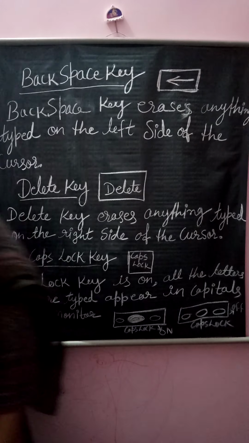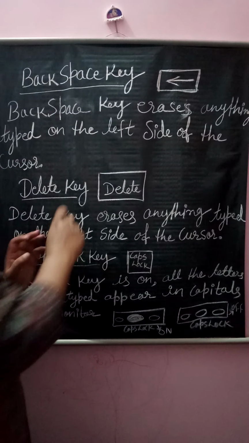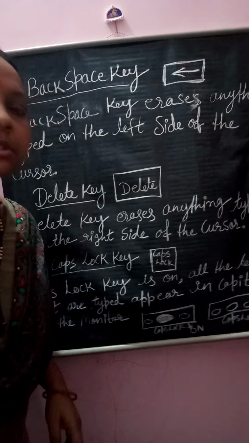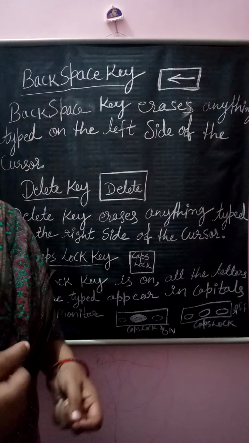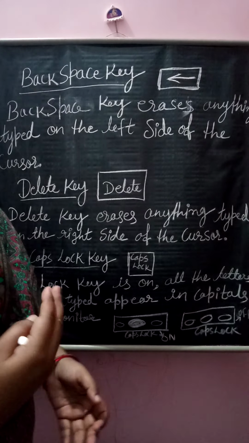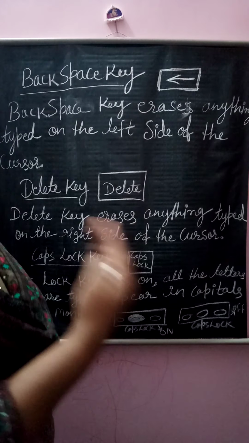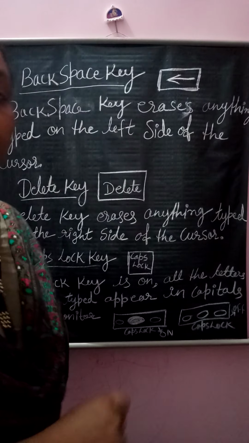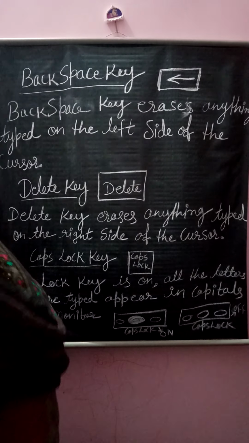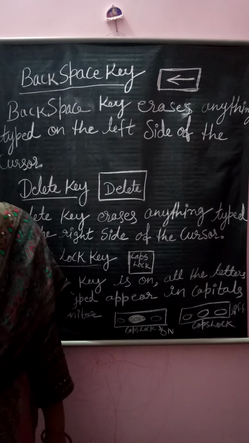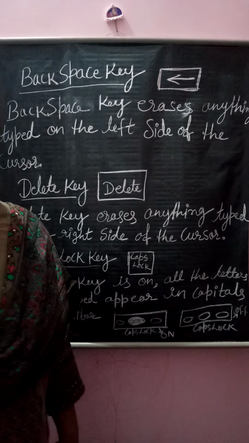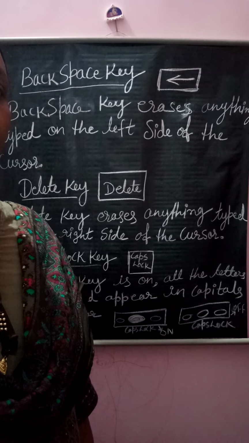Okay, now next comes the delete key. Delete means something you want to delete, you don't want it, but by mistake you have written it. So for the alphabet or symbol behind the cursor while writing, you can utilize the backspace key. But suppose you want to delete or erase in front of the cursor, then what will you do?